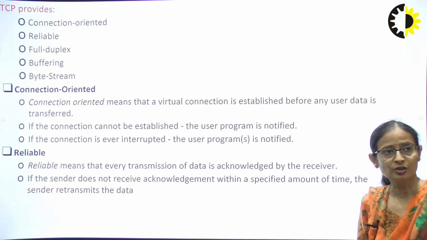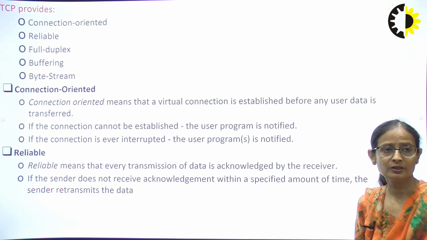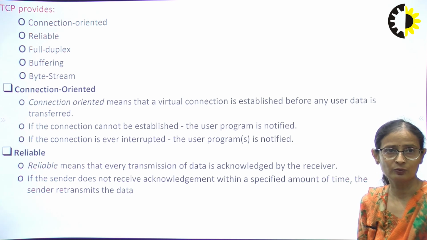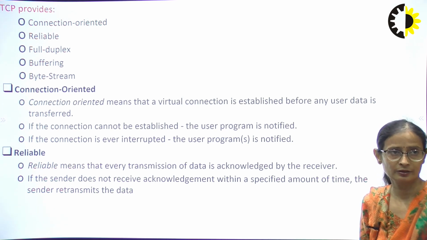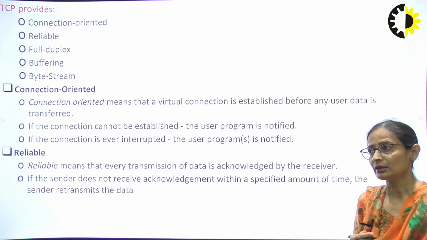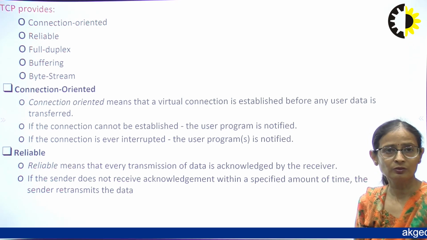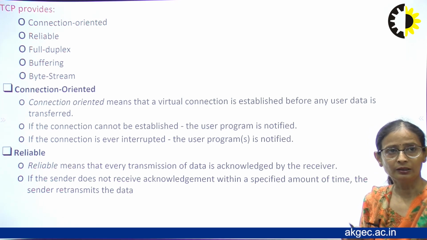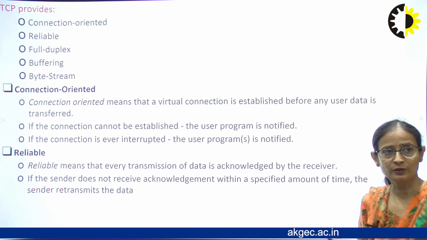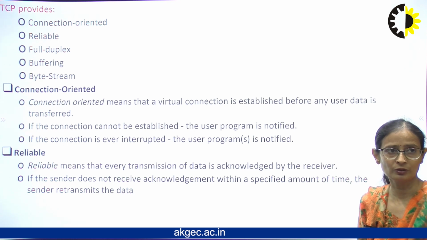What is the meaning of connection oriented? Connection oriented means that a virtual connection is established before any user data is transferred. That is, when the sender is trying to send something to the receiver, a link is to be established between sender and receiving end before the actual transmission begins.